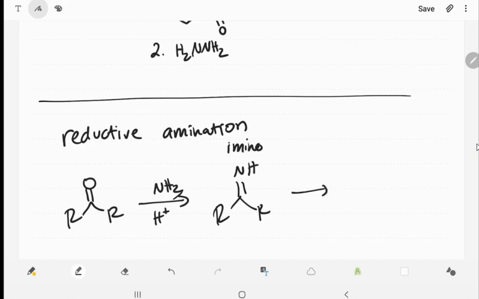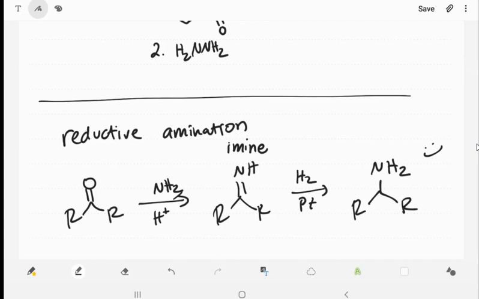All we have to do is treat the imine with hydrogen and we'll make our amine. Easy. This is perhaps the most common way to make amines, reductive amination. So you make your imine first and then just reduce it using hydrogen and a catalyst of some sort, and you'll end up with this.